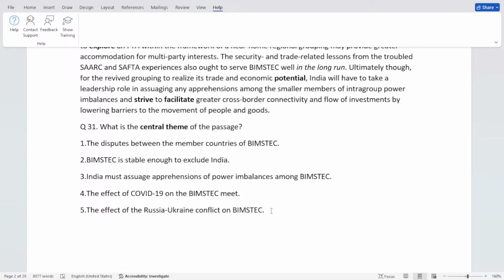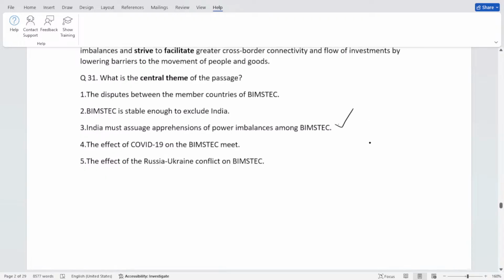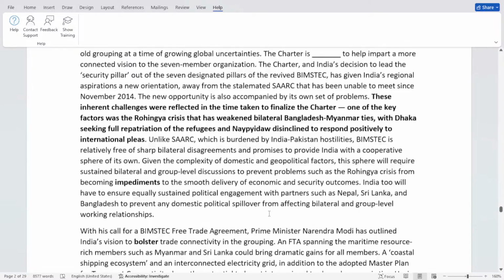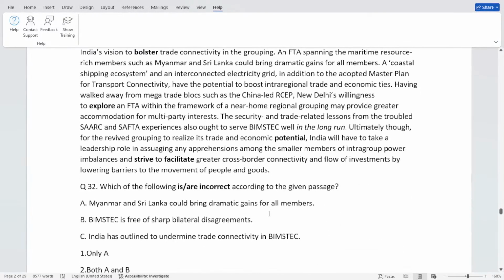So accordingly, what will be the correct title we are supposed to give? That is this one. Next we will go for the 32nd question. Which of the following is incorrect according to the given passage?